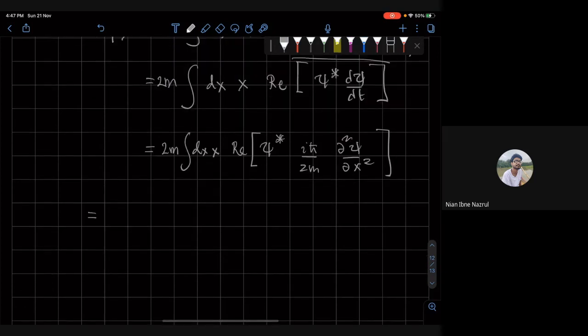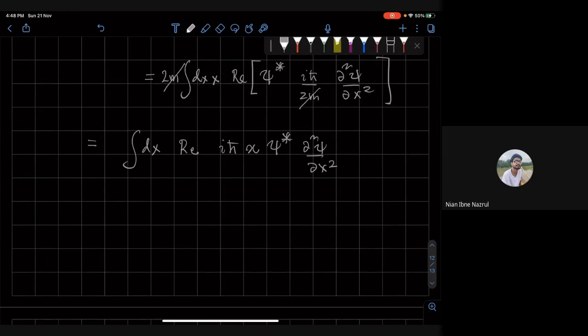Okay, so this 2m will cancel this 2m, and I can write this as dx, the real part of i h bar x times... Oh yeah, now I understand what I did wrong when I did the integration by parts. I forgot x. That's what I did wrong. Yeah, now I understand where I went wrong in the integration by parts. So here we have x and then times psi star d squared psi dx squared. Okay?